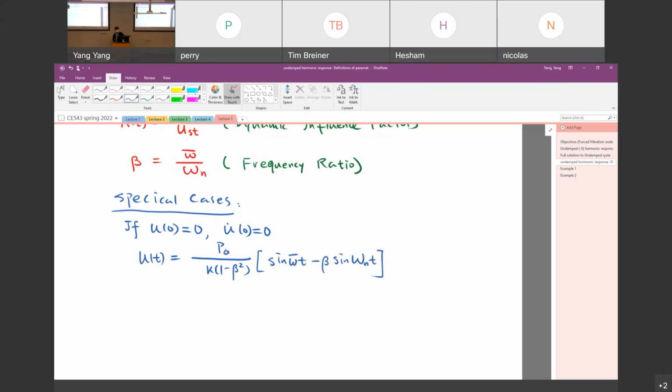So if the initial displacement and the initial velocity are both equal to 0, the response is only dependent on the external force and the natural frequency. So we have case 1.